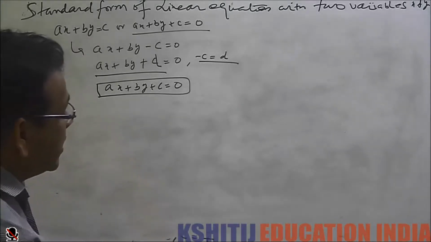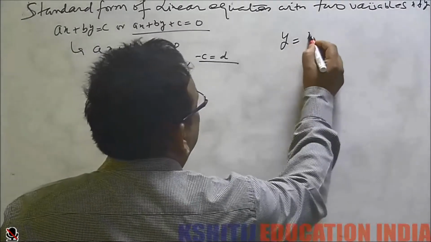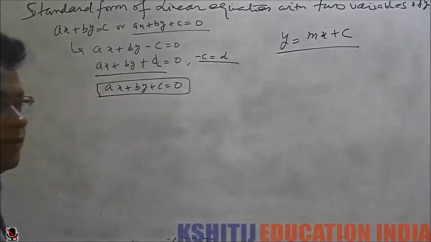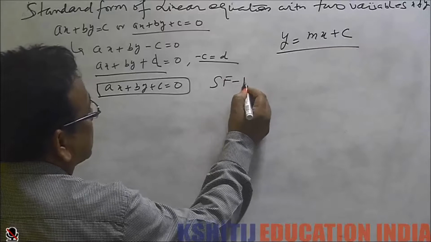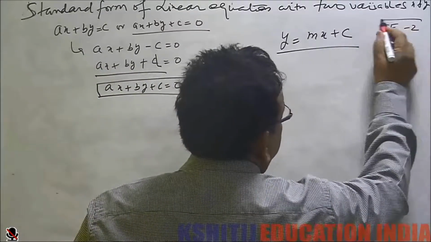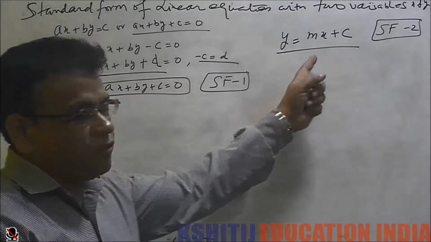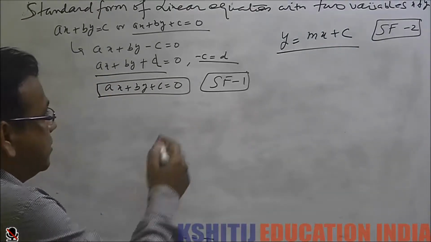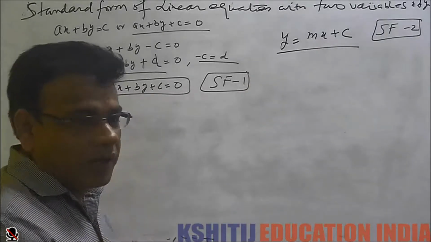Another standard form is y is equal to mx plus c. Standard form 1, standard form 2. Now this can be changed into this format, or this can also be changed into this, vice versa. How do we do that? Here we want only y. Y should have coefficient 1.